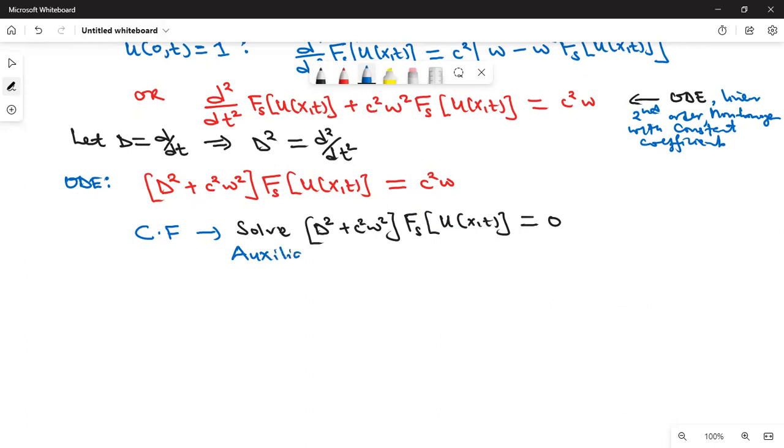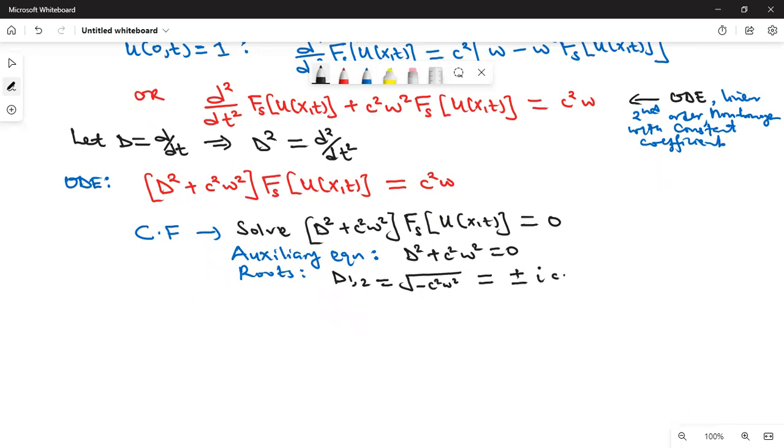So what is the auxiliary equation? The auxiliary equation is D squared plus c squared omega squared equals 0, so we have two roots, D1 and D2, which are the square root of negative c squared omega squared. And you know, the square root of a negative number is a complex number, so this will be plus or minus i times c omega.